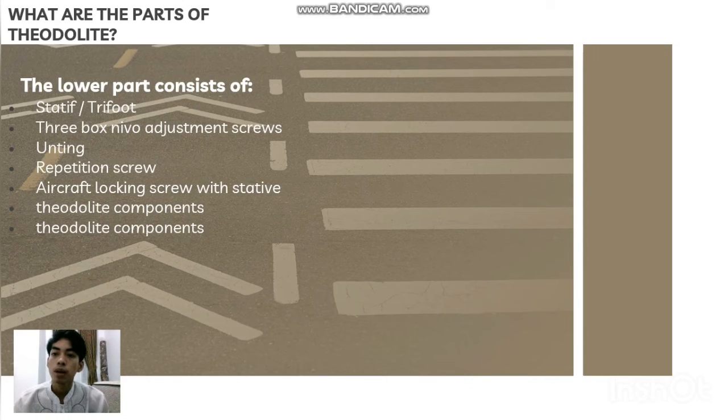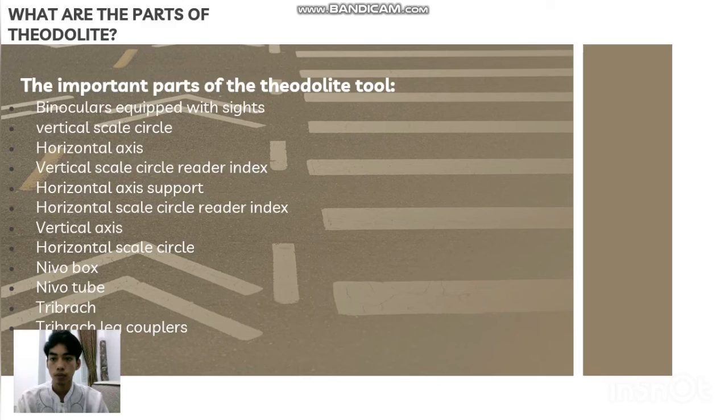The lower part consists of the stative or tripod, tribrach level adjustment screw, repetition screw, locking screw with stative, and theodolite components.